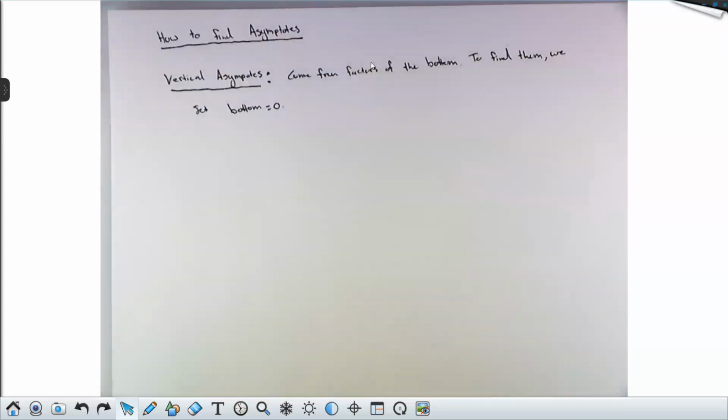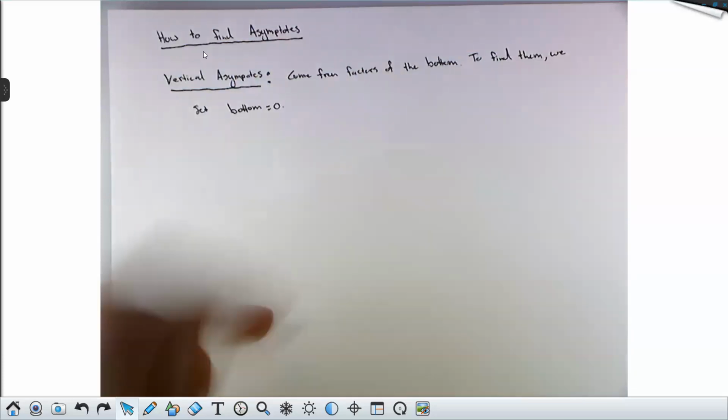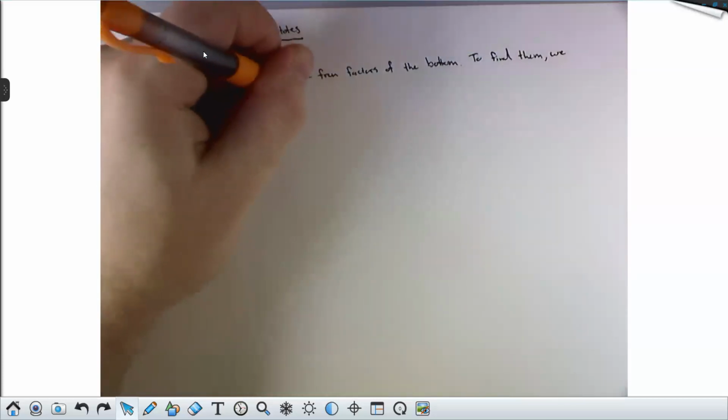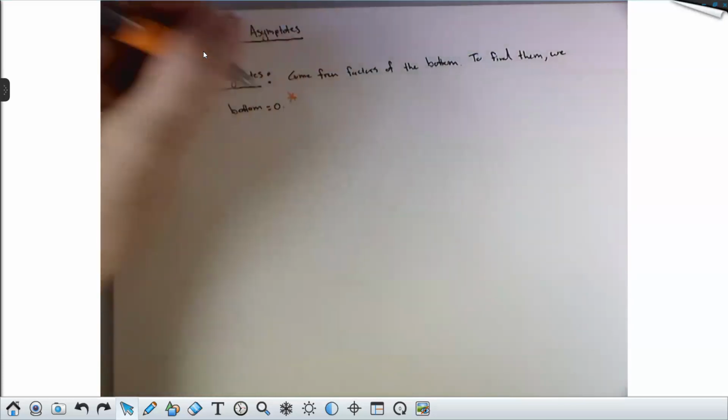Now I'm going to give you a procedure for graphing rational functions in general, and you'll see that this comes up pretty naturally, because you'll have to factor the bottom and the top at the start. But vertical asymptotes come from places where the bottom is 0. And I'm going to put a tiny little asterisk here, because there is one small caveat.